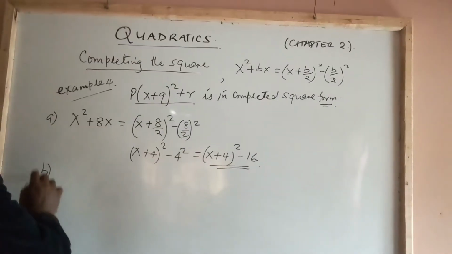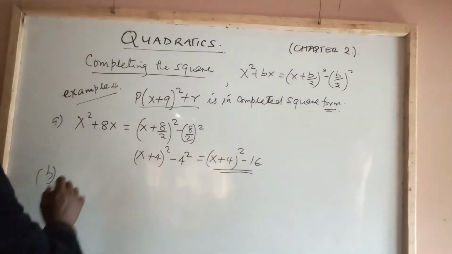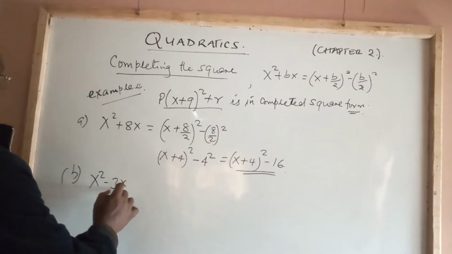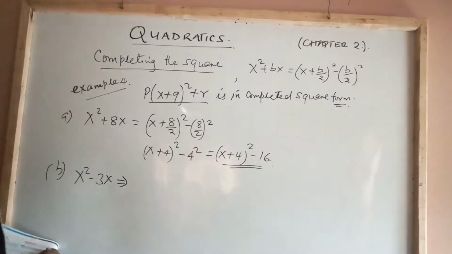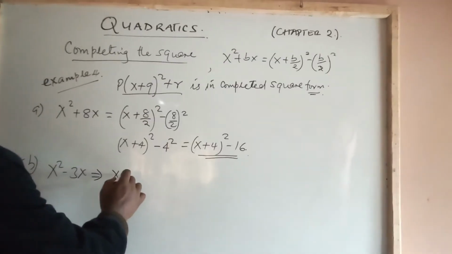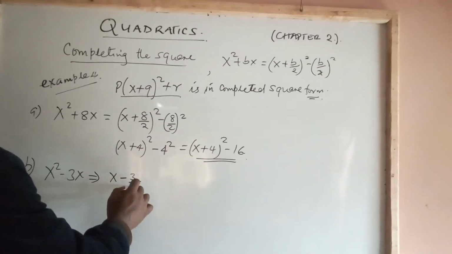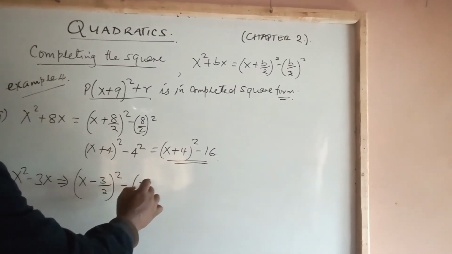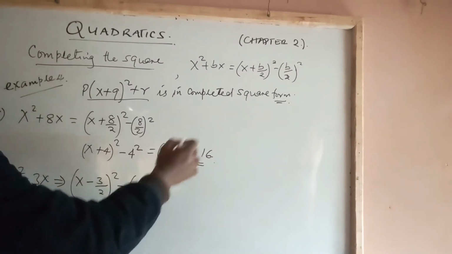Let us talk about part B, x squared minus 3x. Again, this can be written as a complete square, whereby we have (x minus 3 over 2) squared minus (3 over 2) squared.